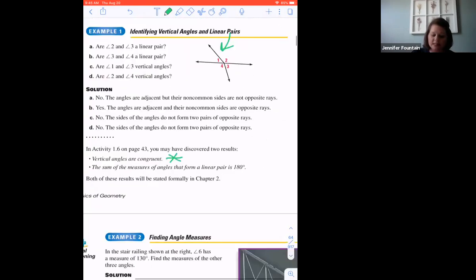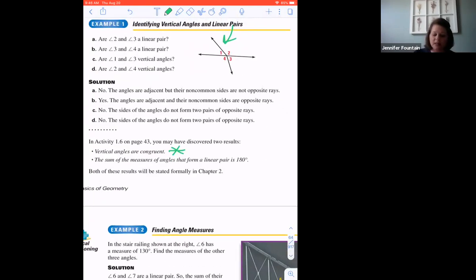The other thing that it says that we can note here, that the sum of the measures of angles that form a linear pair is 180 degrees, because remember, a straight line is equal to 180 degrees. Opposite angles make a straight line, therefore opposite angles will equal 180 degrees. Okay? Any questions so far?